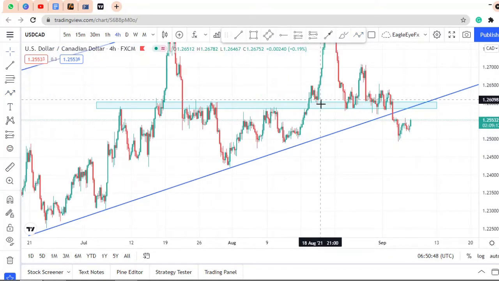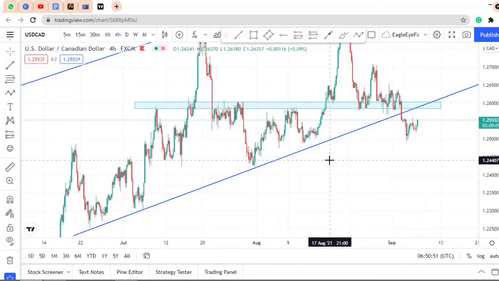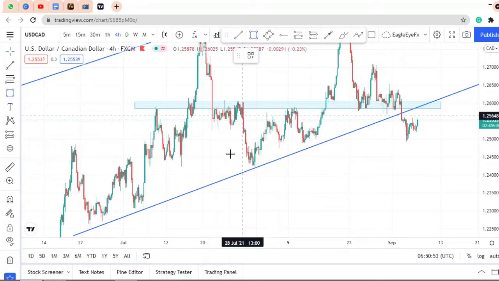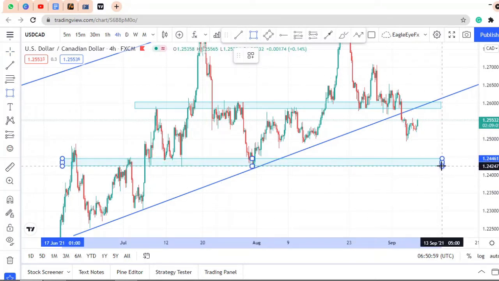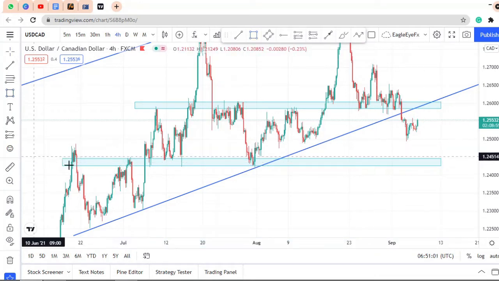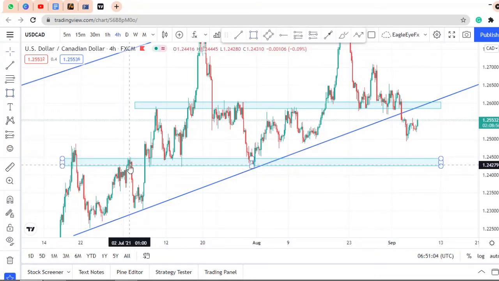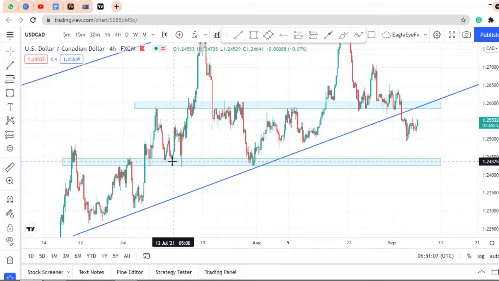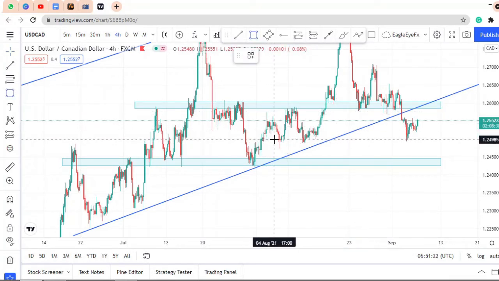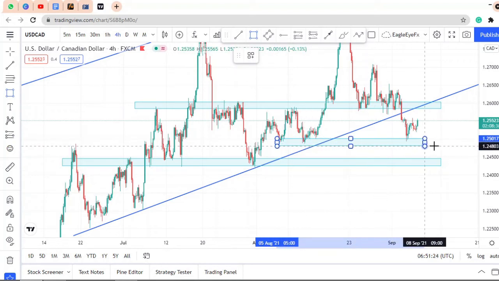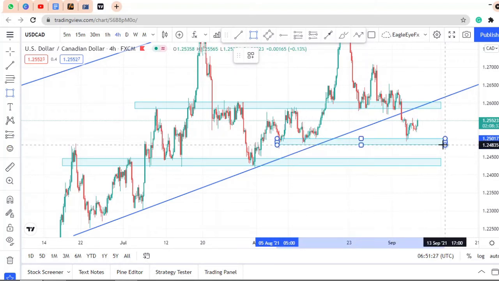Okay, so I can mark another zone here, and mark another zone here, and it's simply because I see this here, and I see this rejection here, I see some support, and then I see support from here, then now you see this support here, and there's a movement to the up, even though also here is some sort of level.